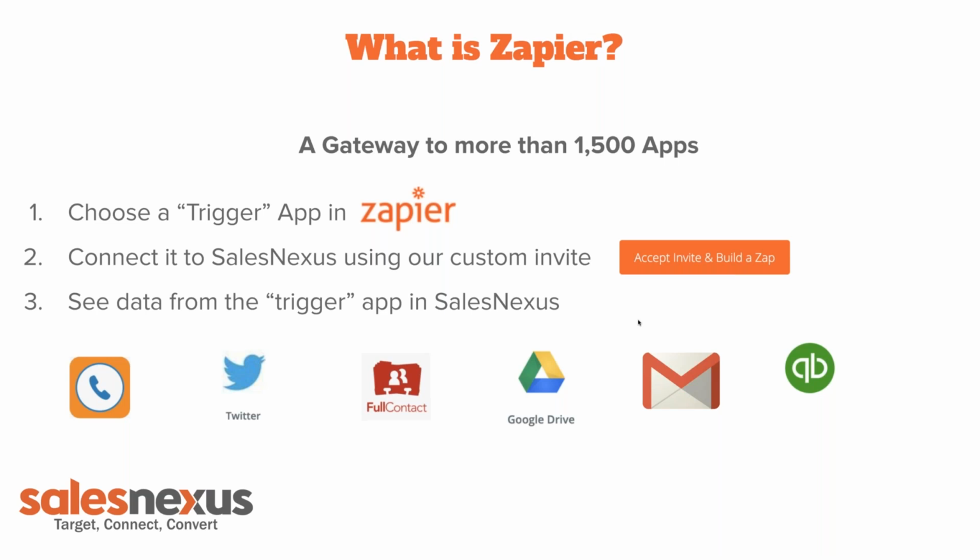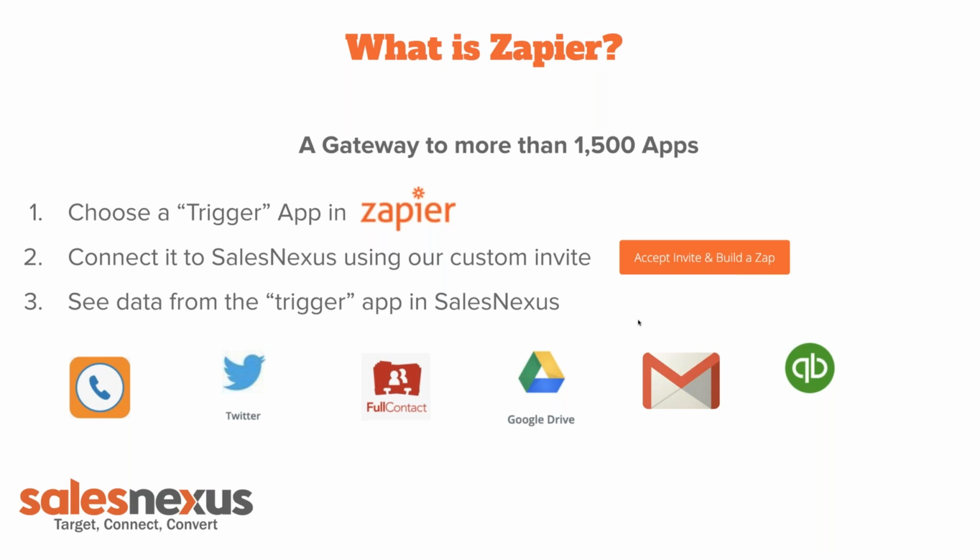Now, that makes this super powerful. Oh, and I forgot, activities is one of those things too. Think about sales opportunities for just a moment. Say you've got QuickBooks as your accounting software. QuickBooks Online is an app that is available in Zapier for you to connect to SalesNexus.